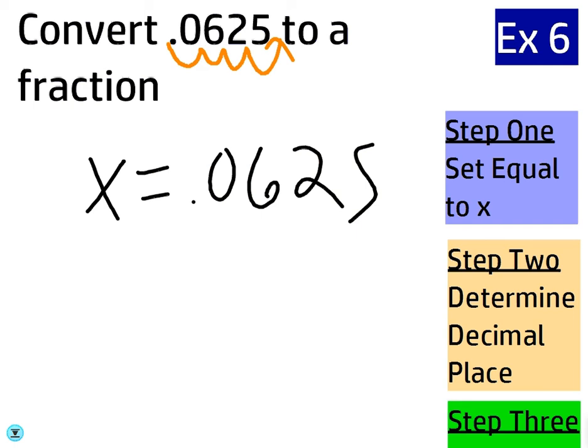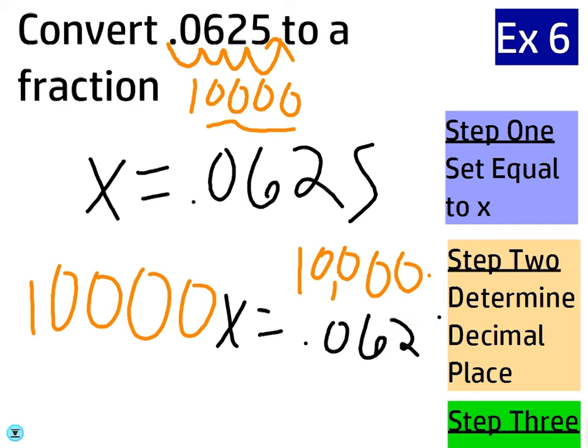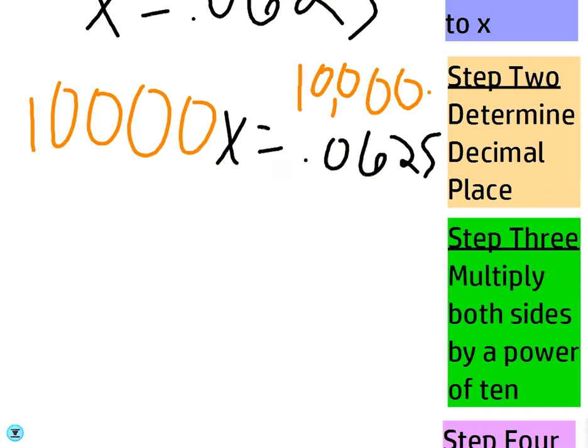Since we moved that 4 times, we know we're going to be multiplying both sides by 10,000 because it has 4 zeros. Okay? So it's going to be 10,000x is equal to 10,000 times 0.0625, which doesn't matter because the decimal is just going to go away.